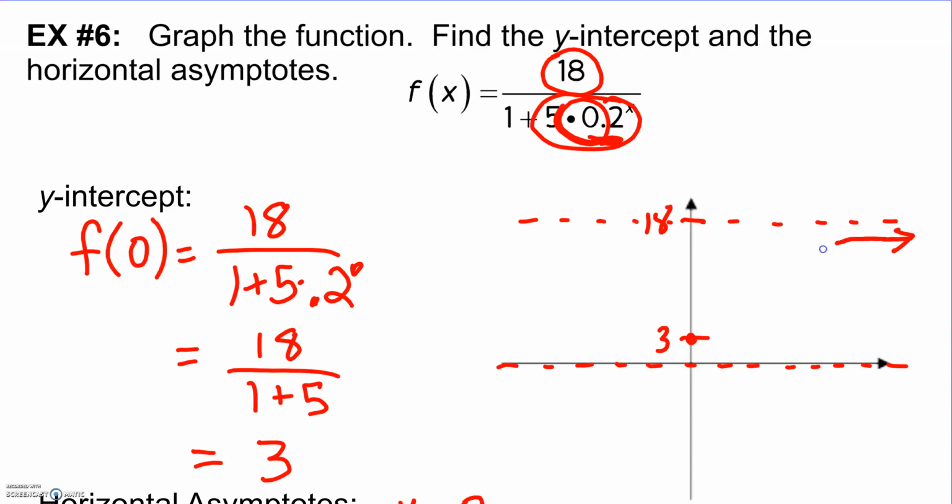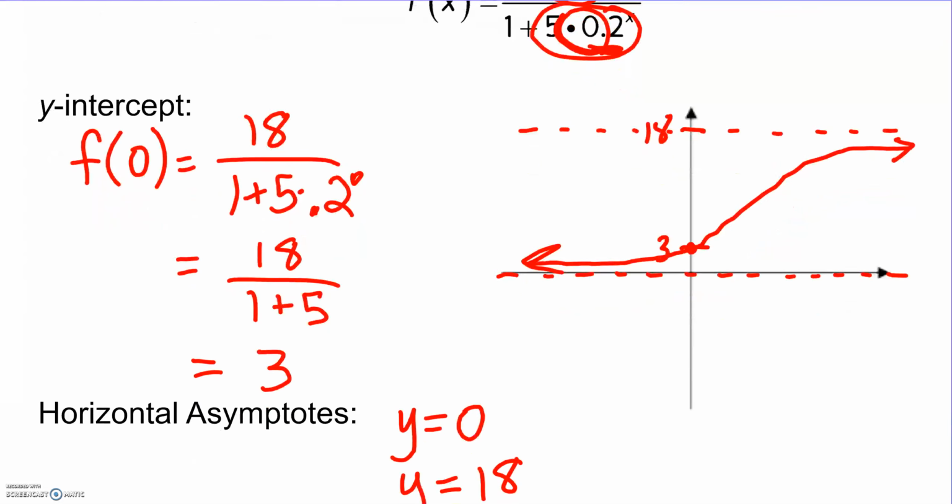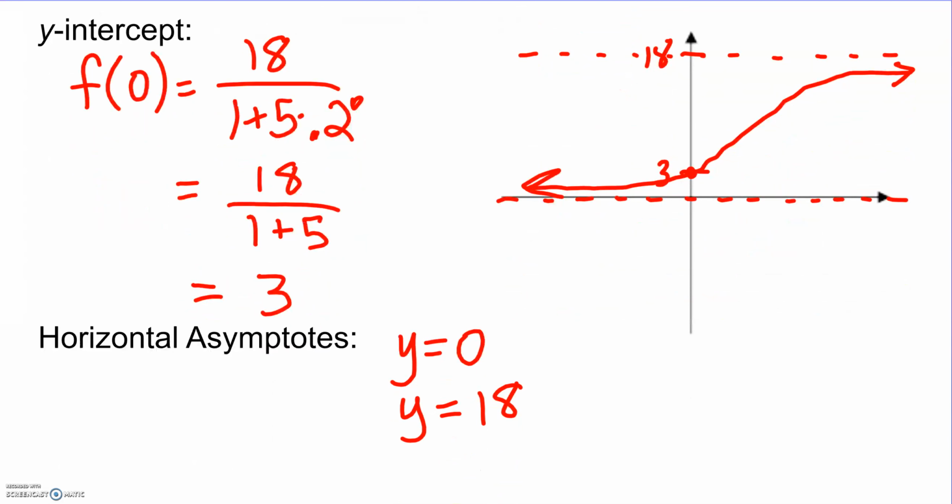If I ask you to describe the end behavior using limits, hopefully you could do that. We would say the limit as x approaches infinity of f of x is equal to 18. As we talked about, as x is getting bigger and bigger, the y value is approaching 18.